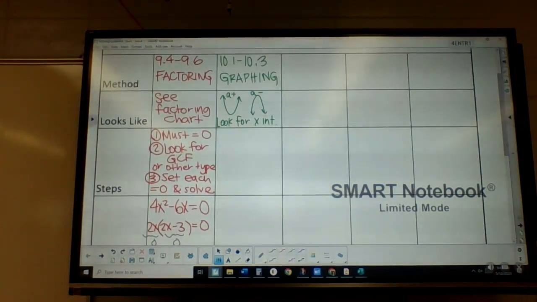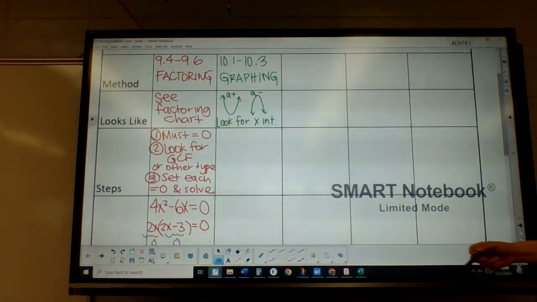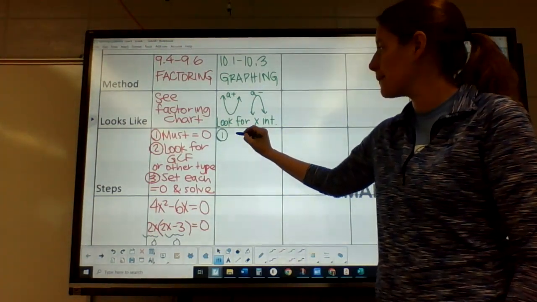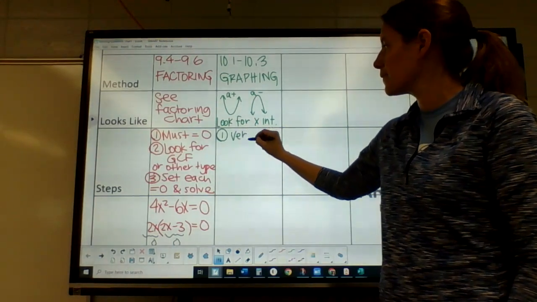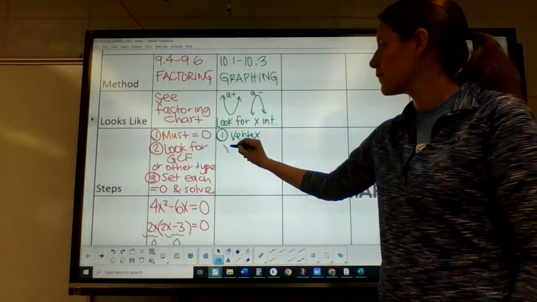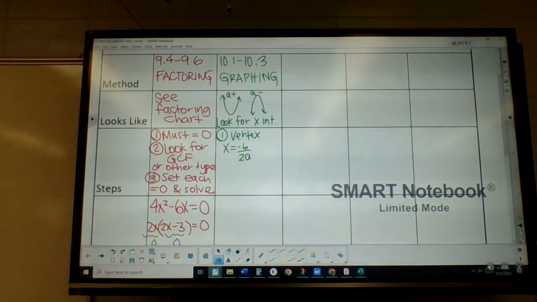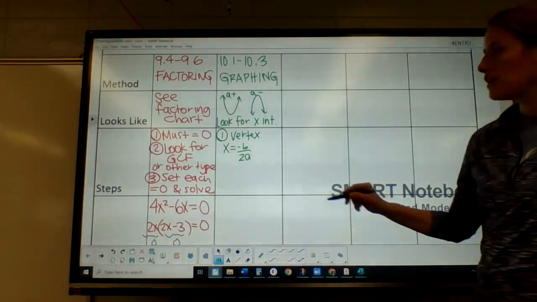Our steps for solving by graphing our equation: we need to figure out the vertex. We use the equation negative b over 2 times a. Then I substitute the x back in to find my y.